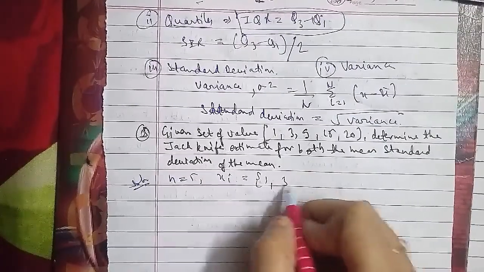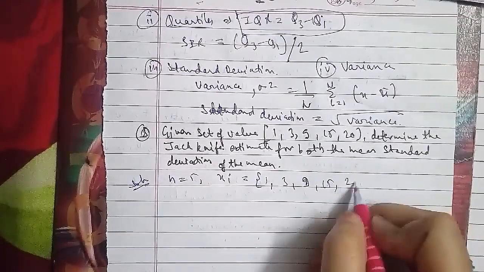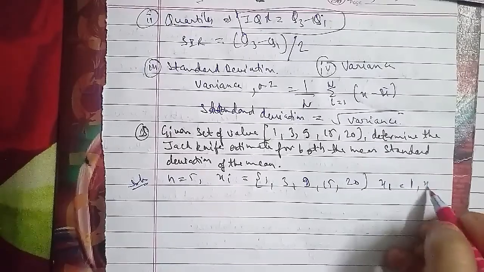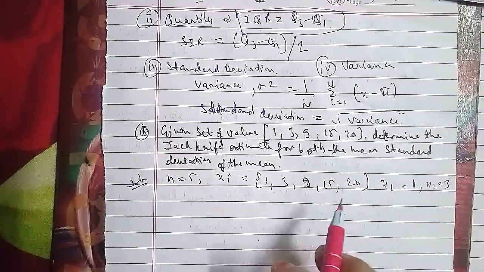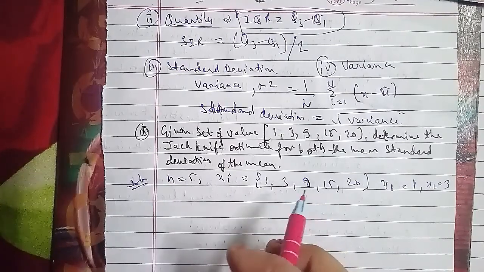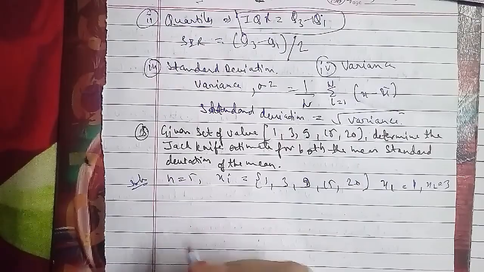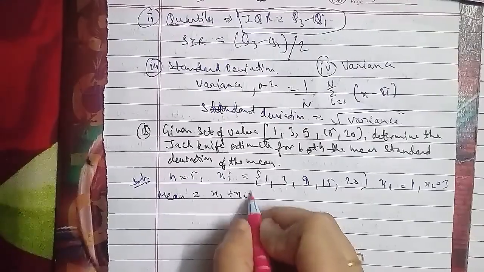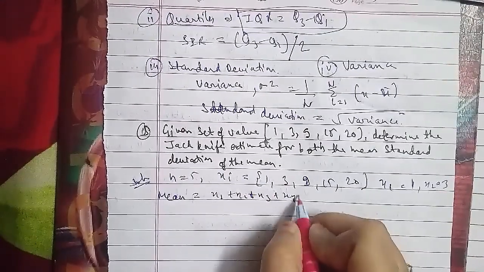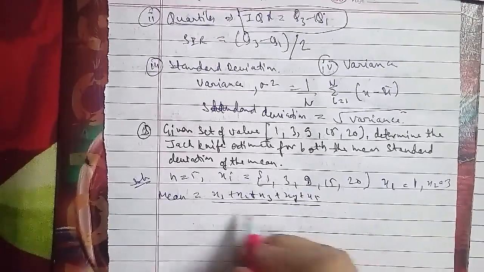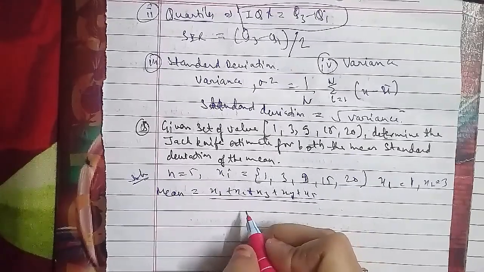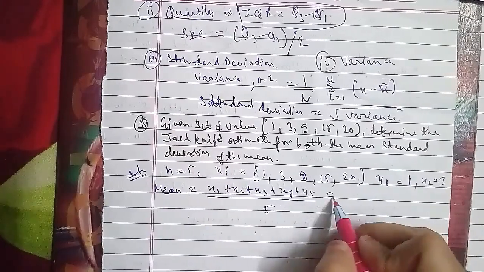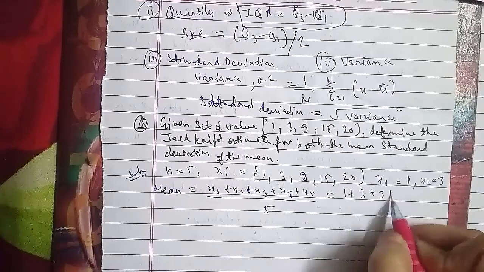So 1 plus 3 plus 9 plus 15 plus 20 upon 5, which adds to 48. So 48 by 5, and we get 9.6.